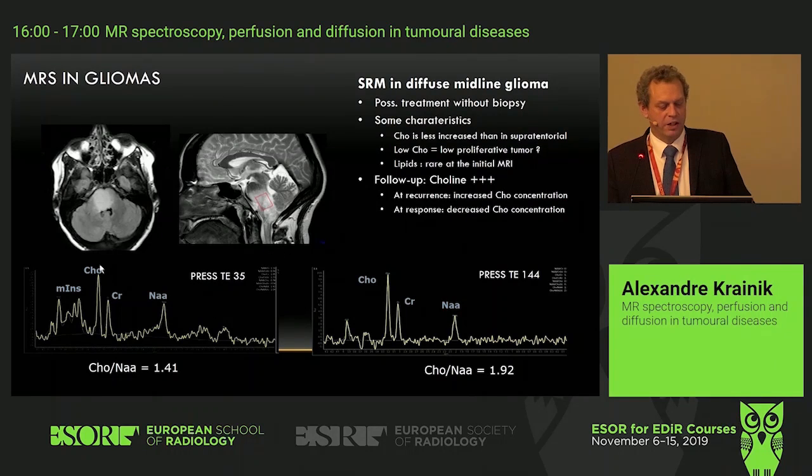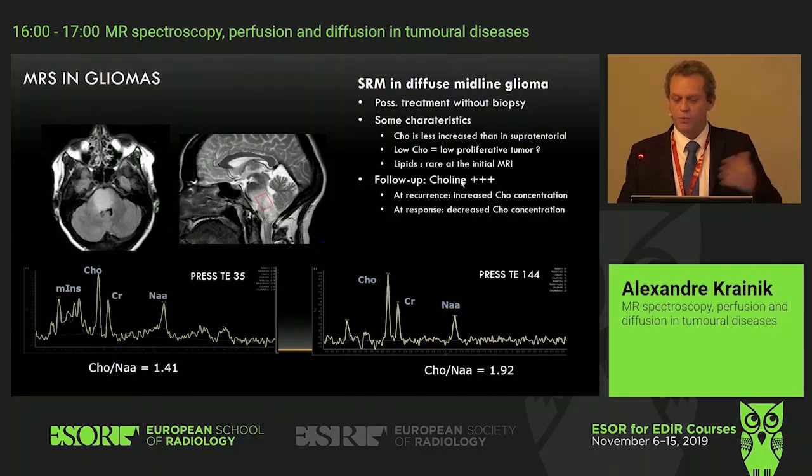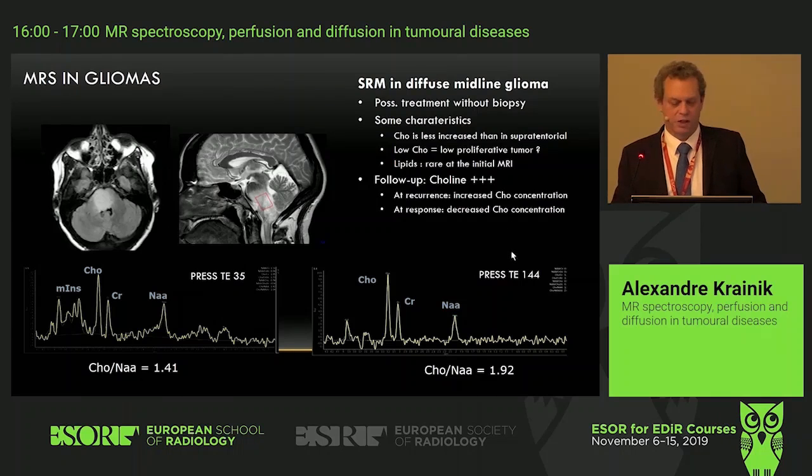And you see here a peak of choline far above the creatine and the NAA on both echo times. Okay, and for the follow-up, you can follow the peak of choline as well.